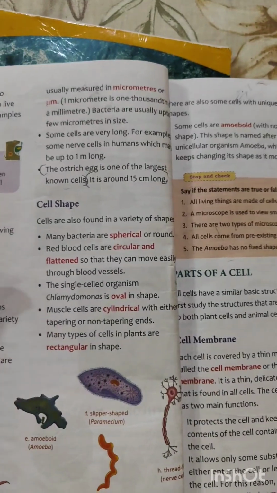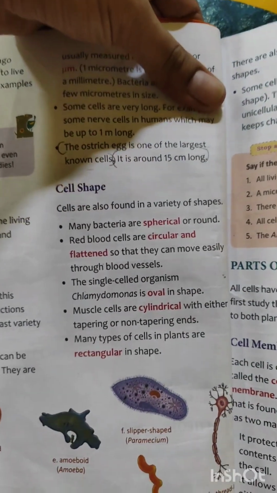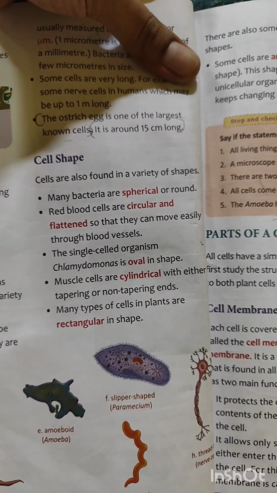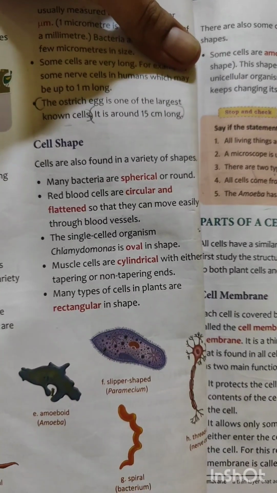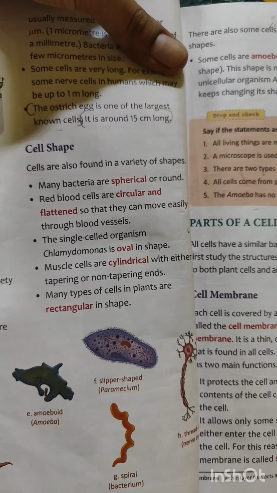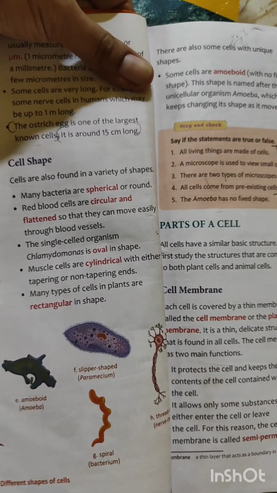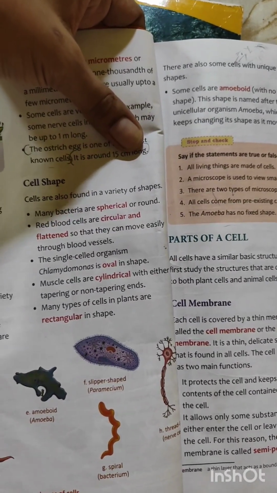So many bacteria are spherical or round shaped. Red blood cells are circular and flattened so that they can move easily through blood vessels. The single celled organism, chlamydomonas, is oval in shape. Muscle cells are cylindrical with either tapering or non-tapering ends.